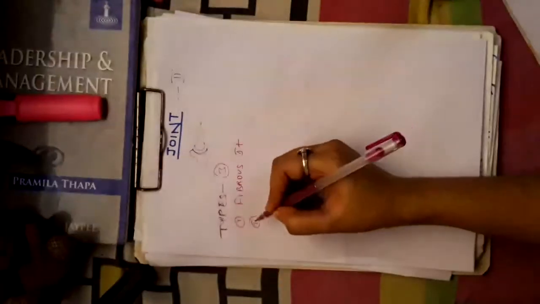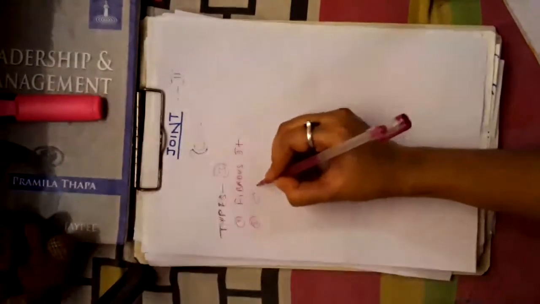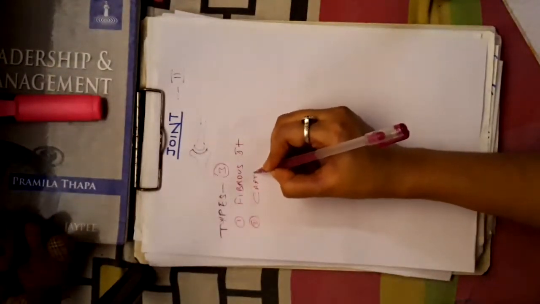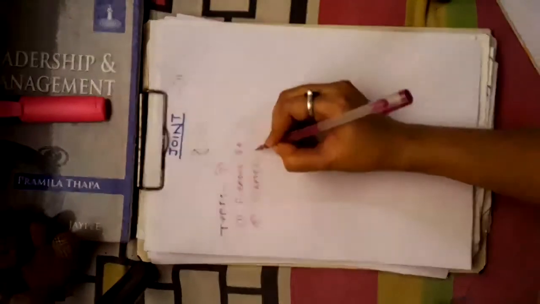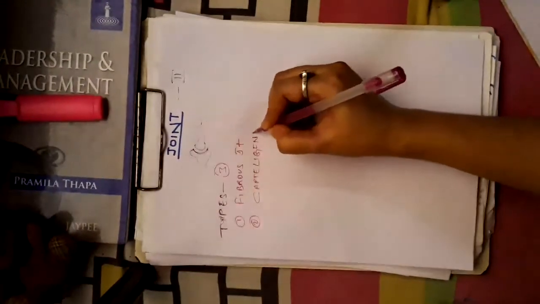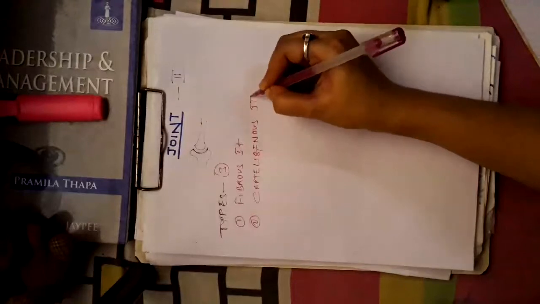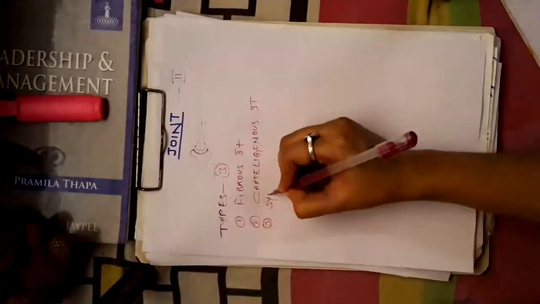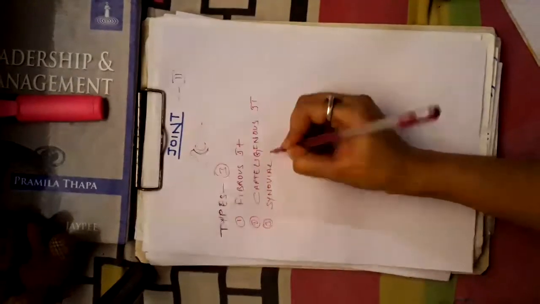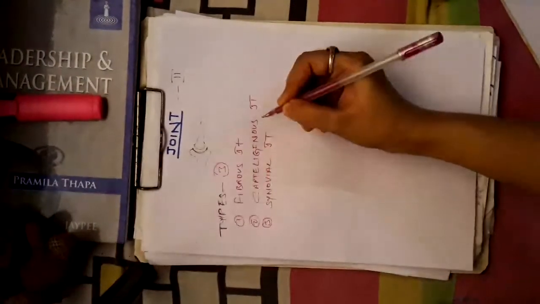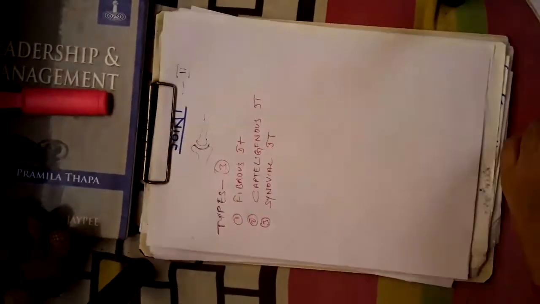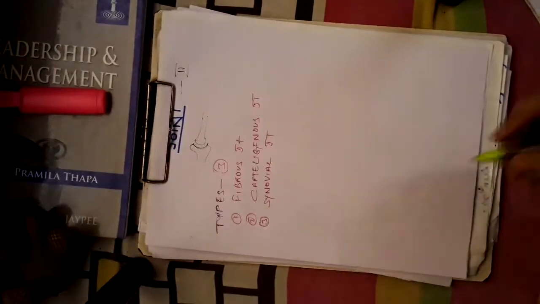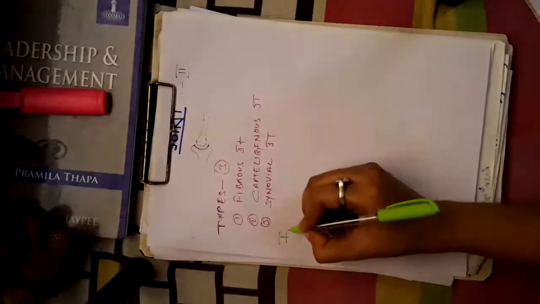Second one is cartilaginous joint. And the third one is synovial joint.